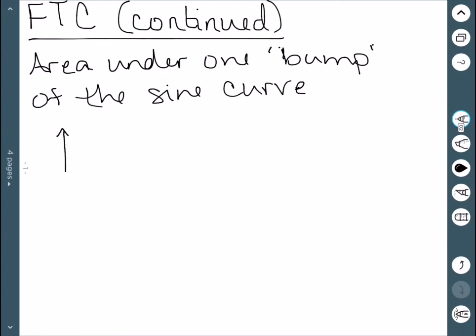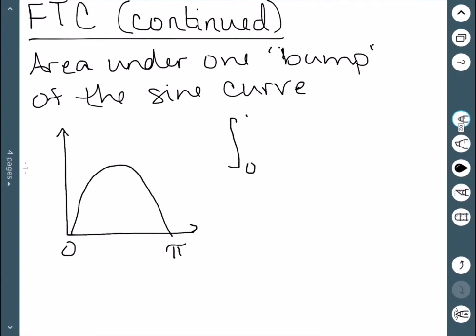So if we think about this graph, we know that sine starts at 0, it comes up and goes back down. We know it hits the x-axis again at pi. So what we're going to look at is the integral from 0 to pi of sine of x.